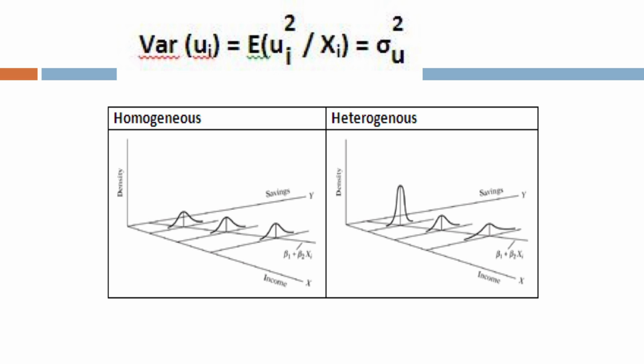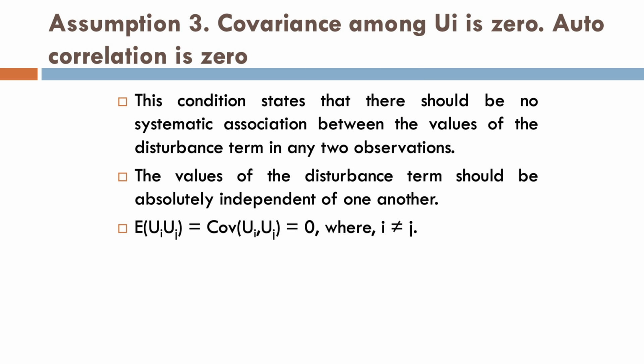Assumption 3, covariance among u_i is 0, or there is no autocorrelation. This condition states that there should be no systematic association between the values of the disturbance term in any two observations.